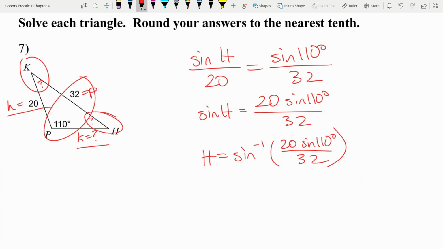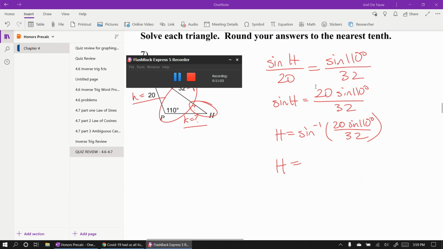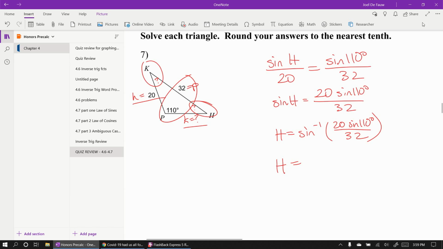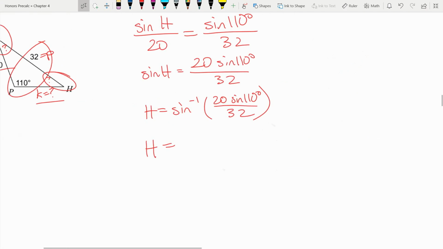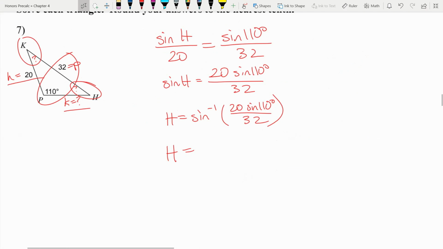Basically just work that out. Sorry, I went away for a second there. So this gets us angle H, which is 36 degrees. Once you know what angle H is, we go over here and write in 36.